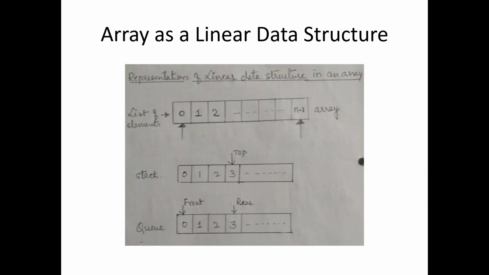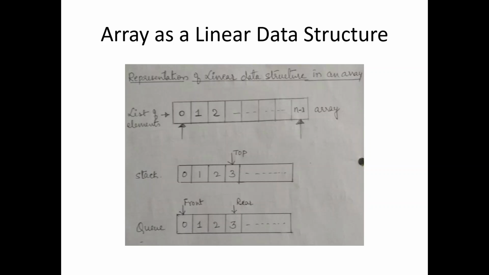The same you can represent the stack also in the linear form, that is array form. So stack is a data structure where the elements are stored in last in first out order. So that last is the top, means each and every element will be stored in the form of last in first out.